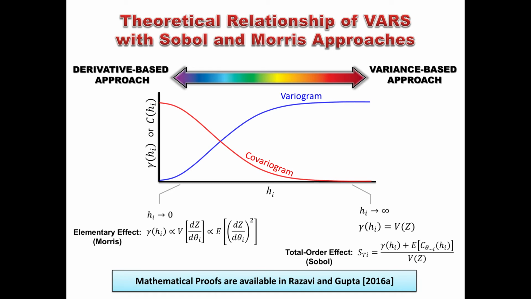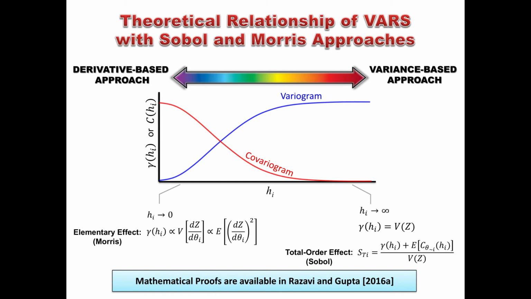For small h values, when we go to the left, we can theoretically show that gamma, or the variogram value, is proportional to the variance of derivative information, or the expected value of the squared derivative. These two metrics have been used in the derivative-based approach as metrics for global sensitivity. And if we go far to the right, for large h values, this is definition of variograms.